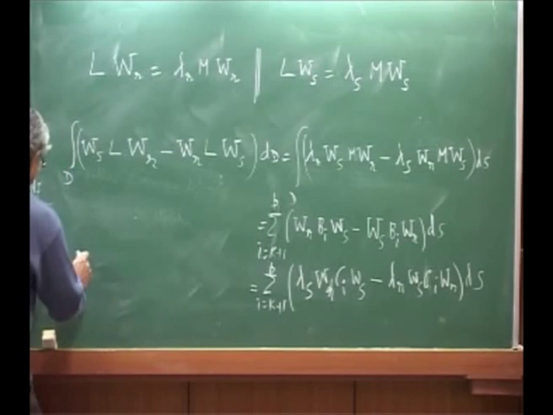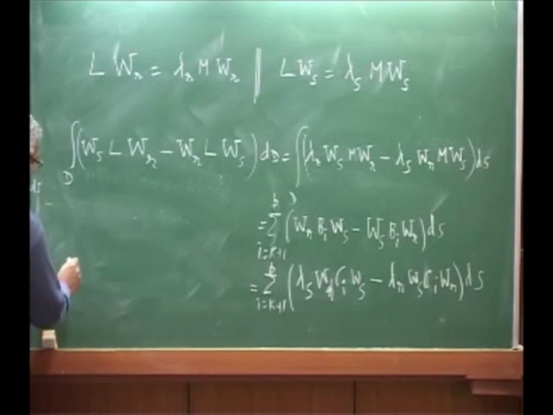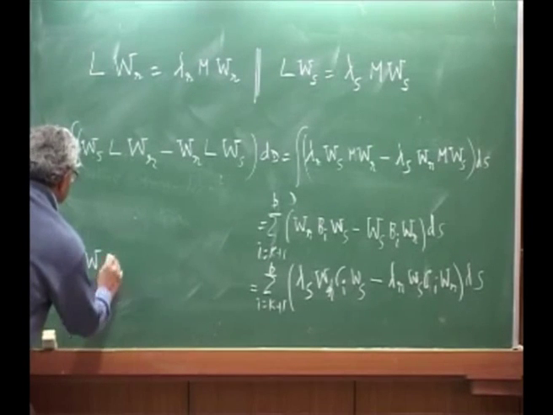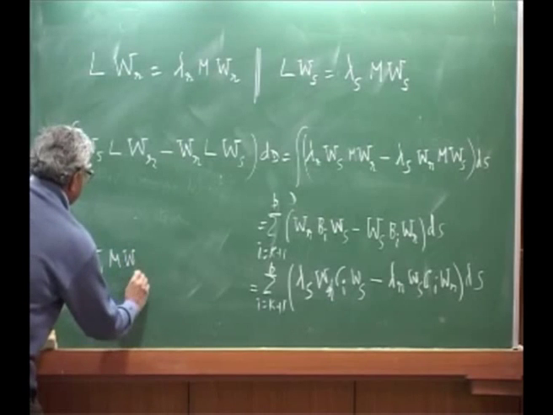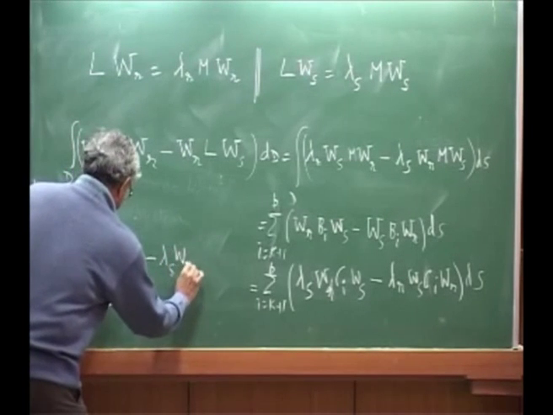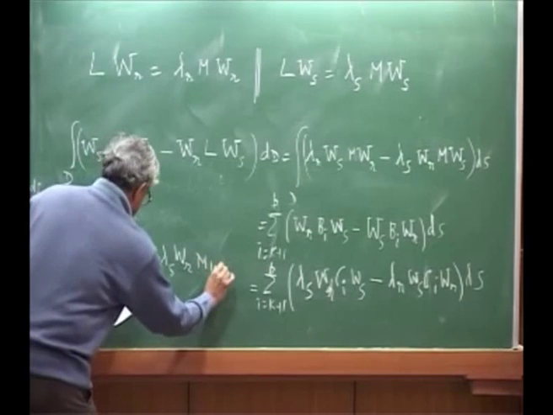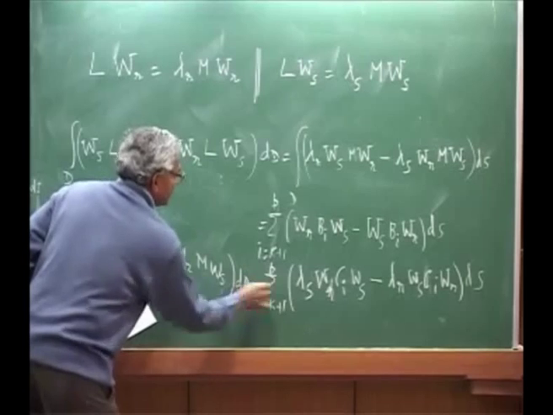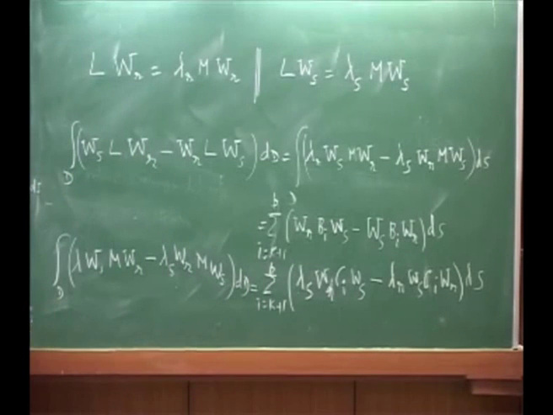Maybe I'll write it again so that it becomes clear. Okay. Domain D, yeah, that is there. Lambda r Ws M Wr minus lambda s Wr M Ws over the domain D. This is equal to this quantity. Okay.